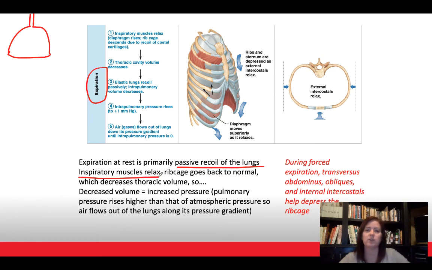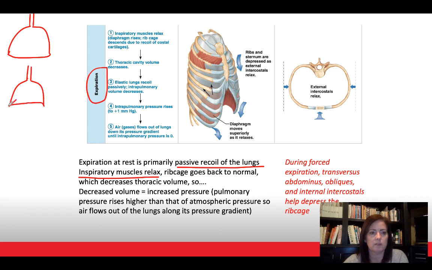So the diaphragm relaxes, external intercostals and maybe our accessory muscles relax, and our rib cage goes back to normal. It gets smaller.